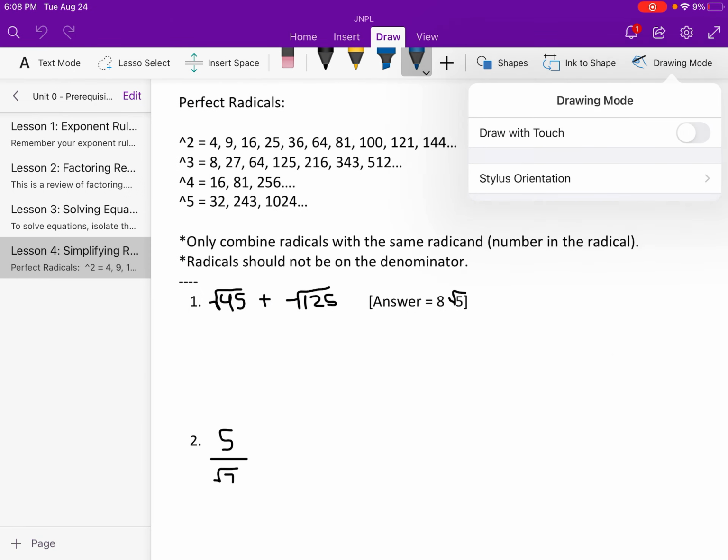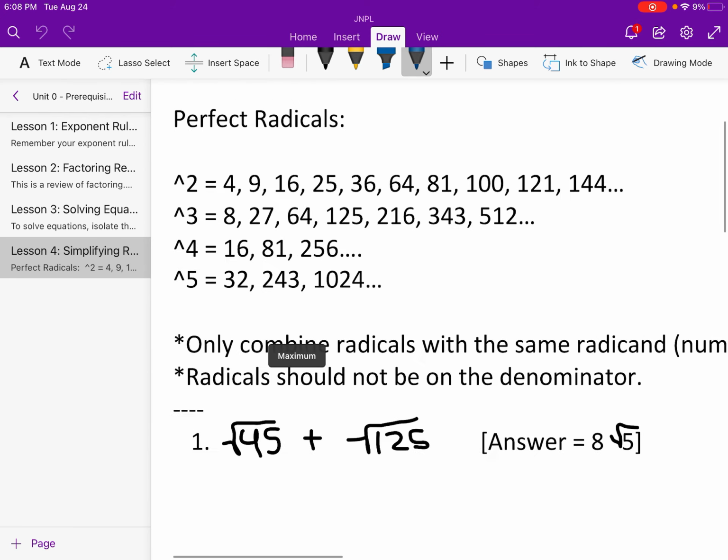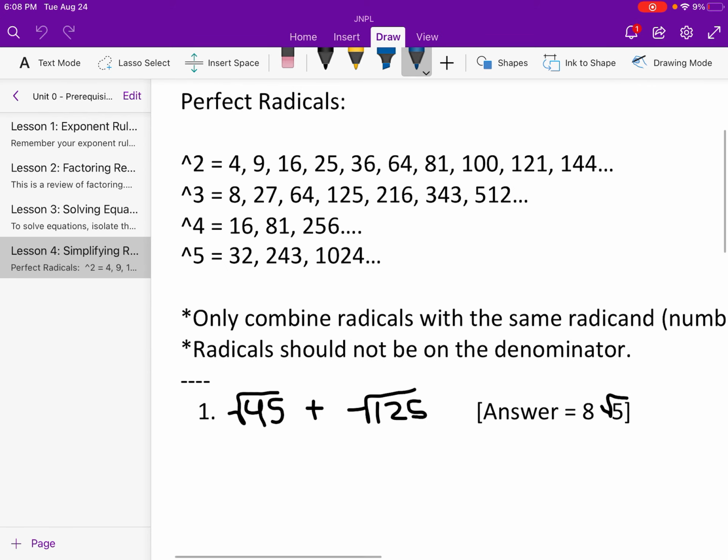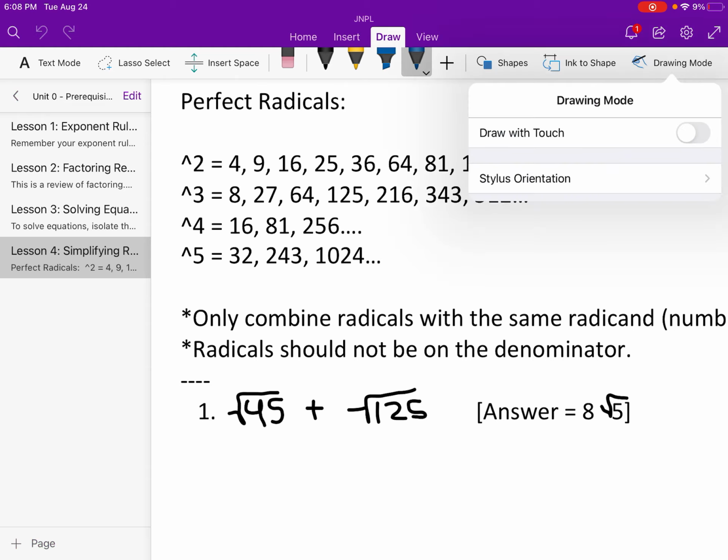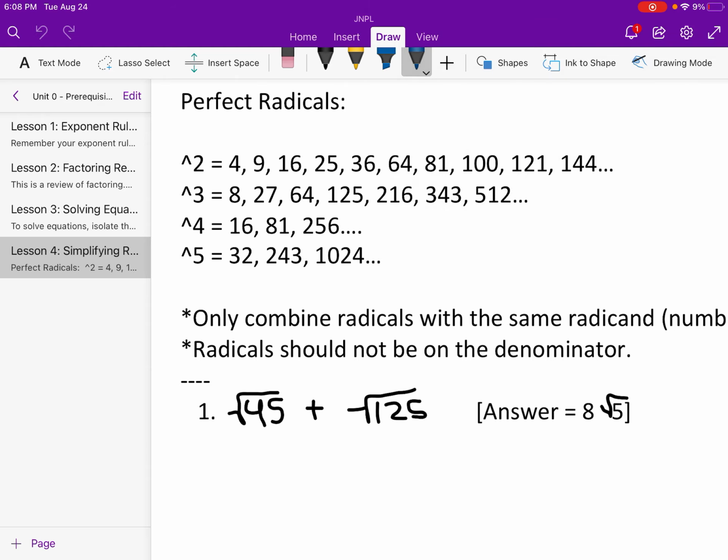So, before we get started, some perfect radicals that you don't necessarily have to know, but they're useful to know when you're simplifying them. You have your squares, your cubes, your fourths, and your fifths. And the higher the exponent, the less you really would be able to memorize because, look, just 3 to the fifth already equals a 4-digit number.